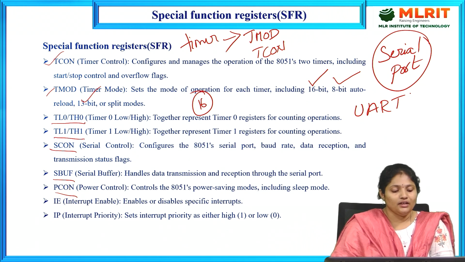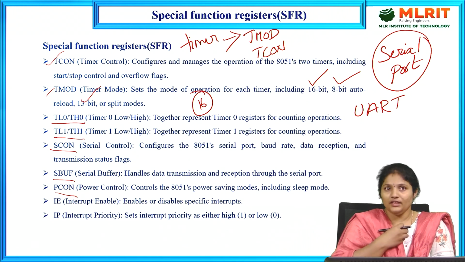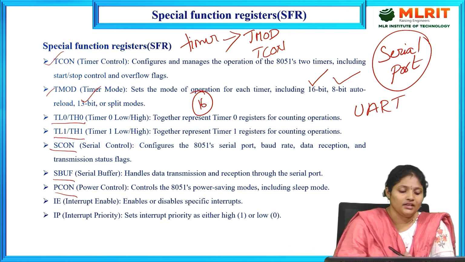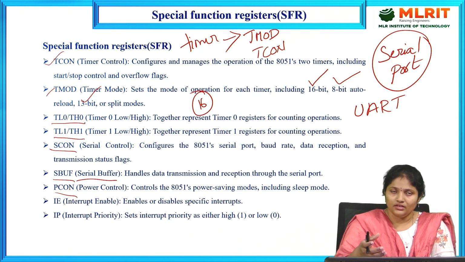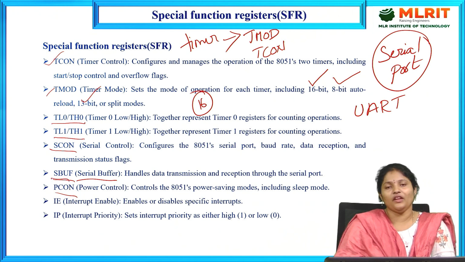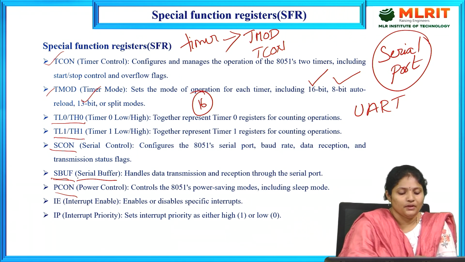To hold the data, you must have a register, a special function register. Here the serial buffer is used to transmit and receive data. If data needs to be sent out, it will be stored in SBUF. If any data is received through the communication port, that data will always be stored in the SBUF register.